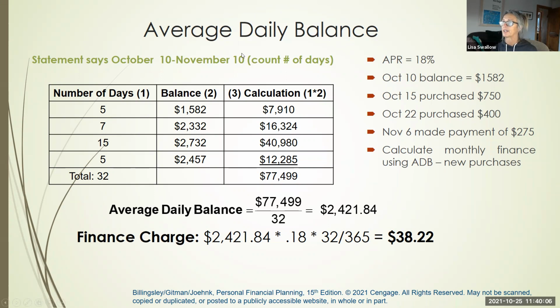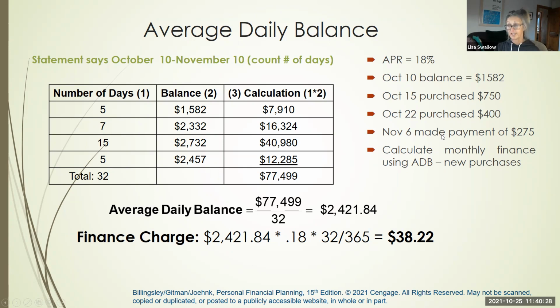The statement is October 10th through November 10th. So here's the balance. That prior screen shouldn't have been in here. And then on October 15th, I purchased this. October 22nd, I purchased this. And on the 6th, I made this payment.